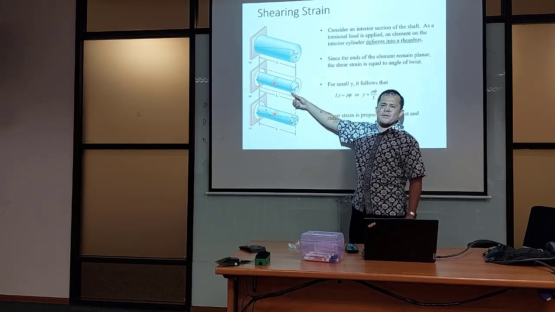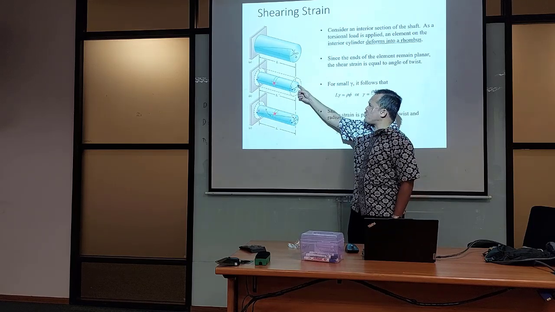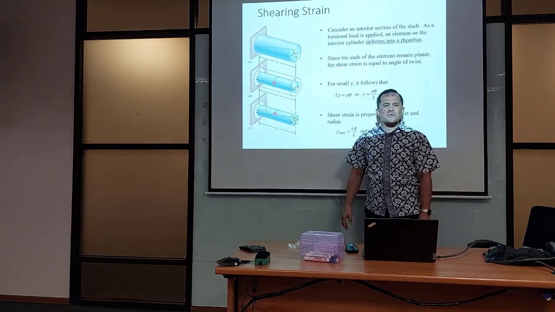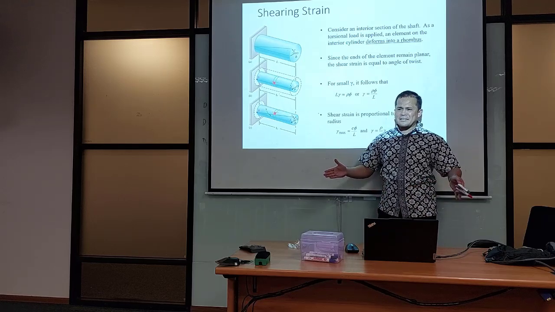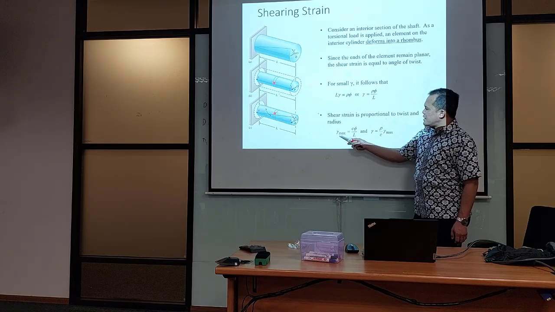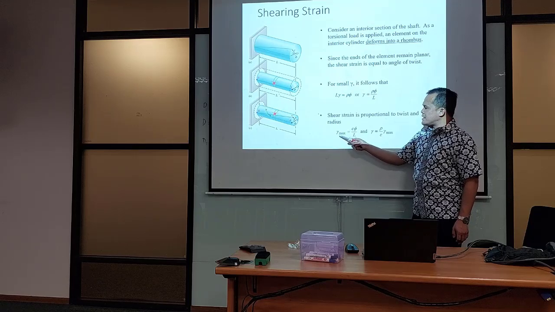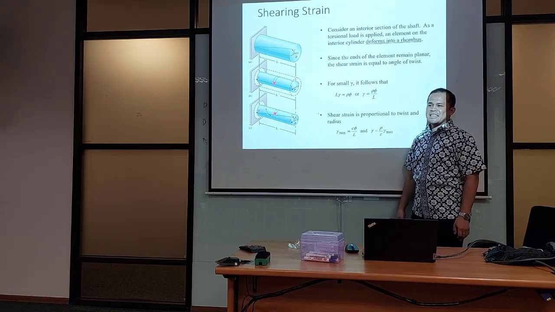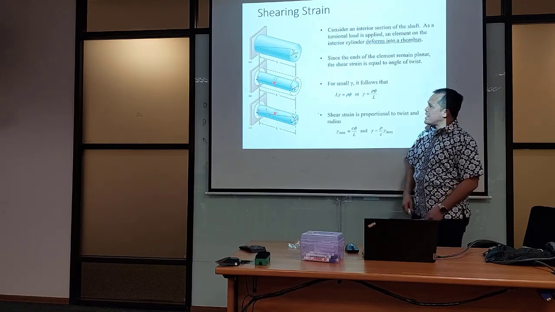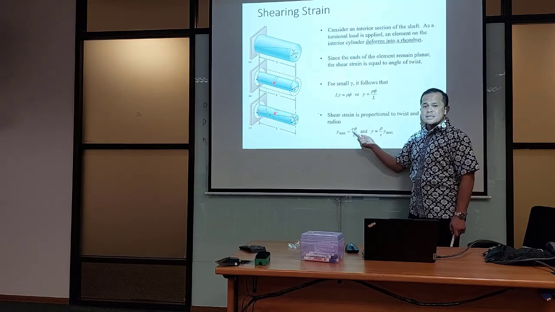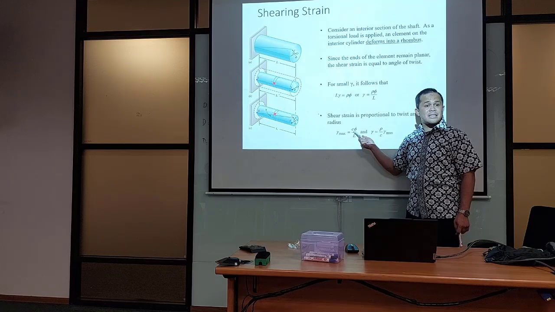So A can be located somewhere inside the shaft, but as you go to the surface, of course, the arc will also linearly increase. So what we can tell here is the gamma max, meaning the maximum shearing strain, occurs when the radius becomes the maximum radius, the largest radius.